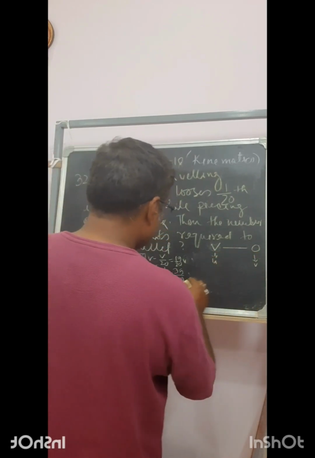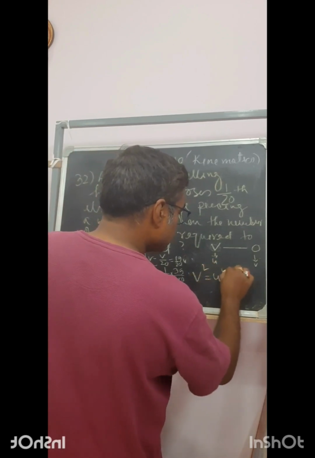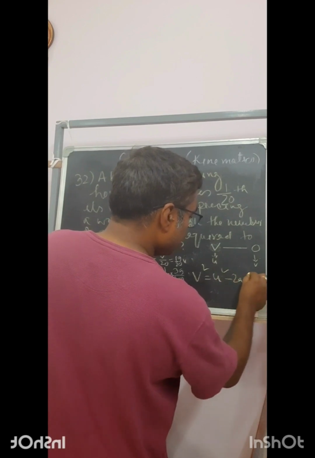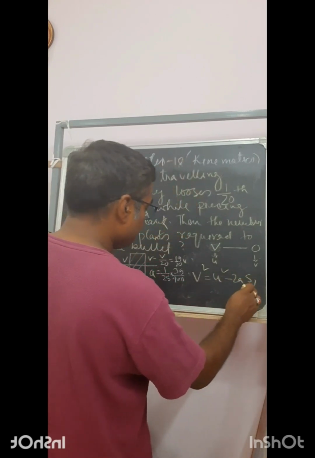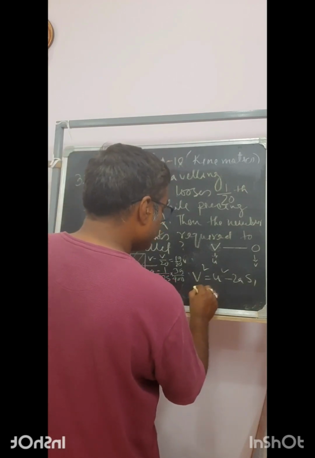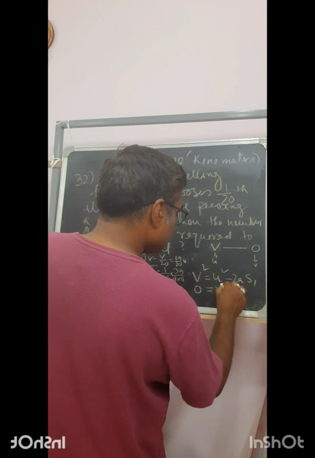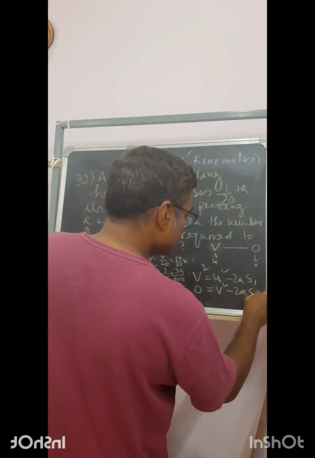So my equation, if I use the same, again v square is equal to u square minus 2a, and in this case S1. The S1 will be a multiple of S. So final velocity is equal to 0, u is equal to that initial velocity v, and 2A S1.